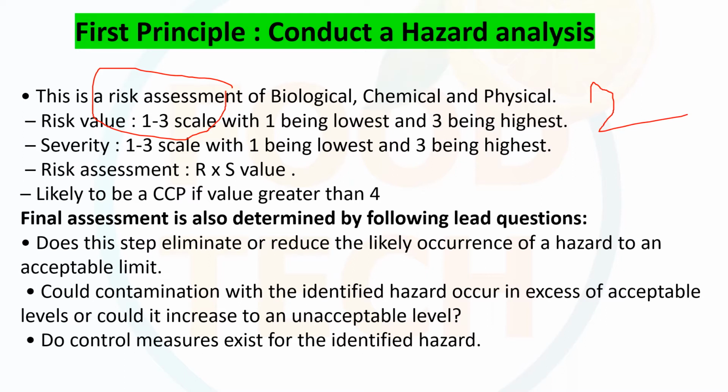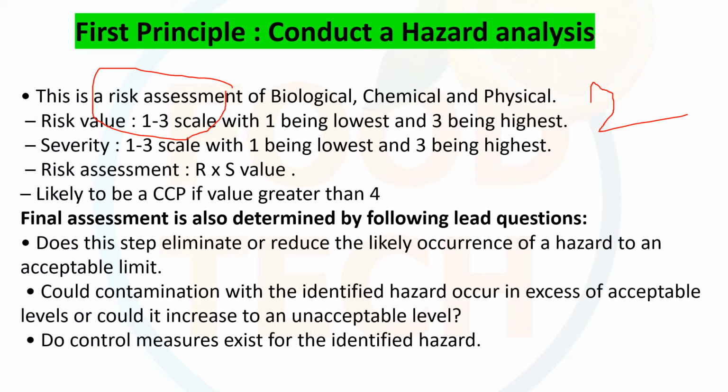Severity is how severe the effects of that risk will be, and severity is again given a value on the scale of 1 to 3. The risk assessment is the product of risk and severity.